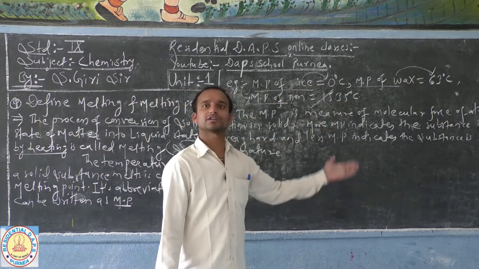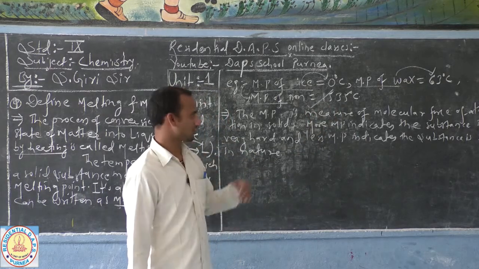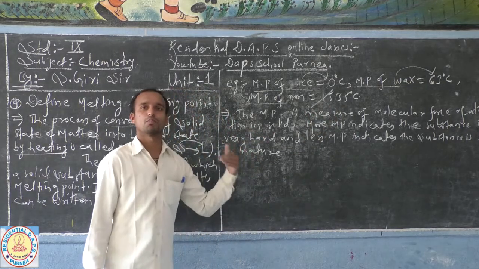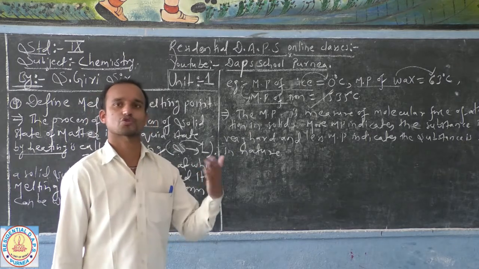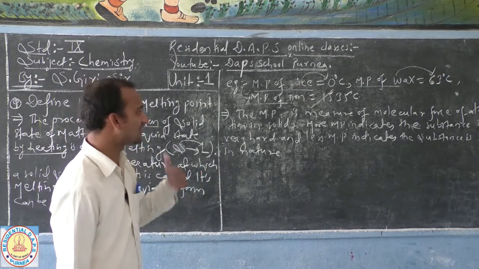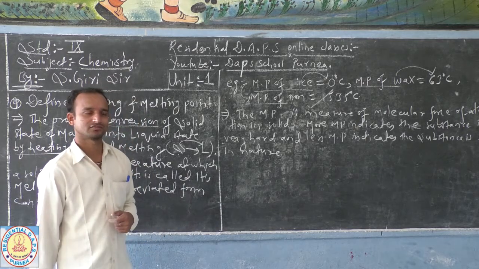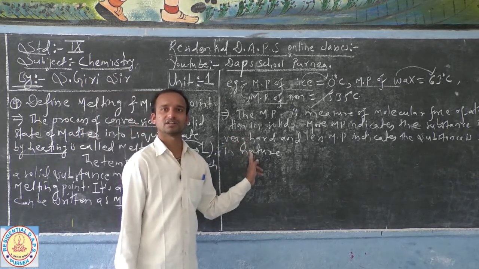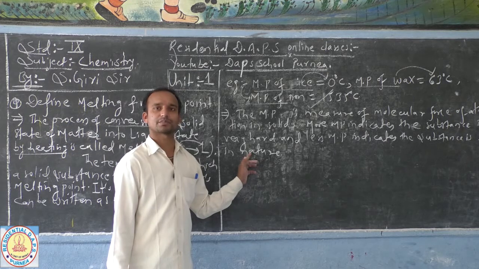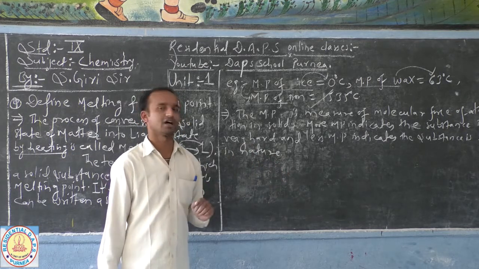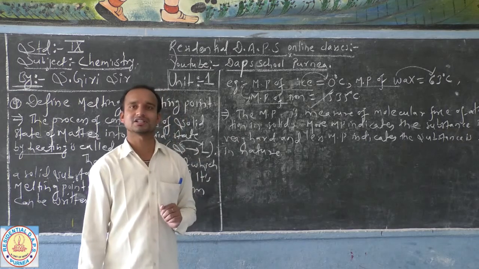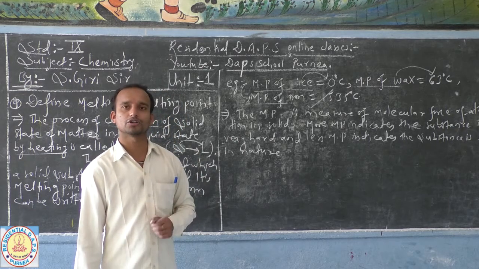Higher the melting point, the more tough, more solid, more strong or more rigid the substance is. Lesser the melting point, the more soft or brittle in nature the particular substance is, meaning it can break with a small amount of force too.